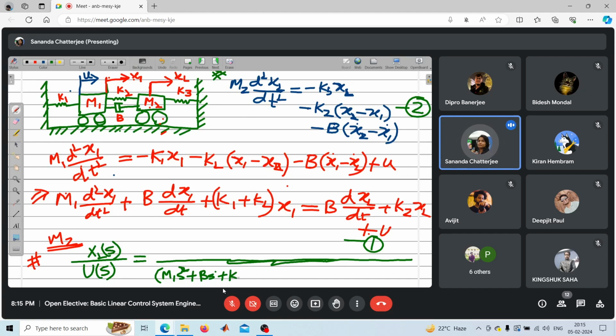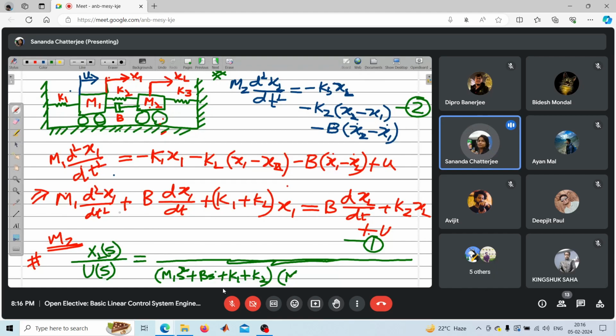from equation 1 I am writing this. Actually if you try to derive this equation, you take the Laplace transform of this.